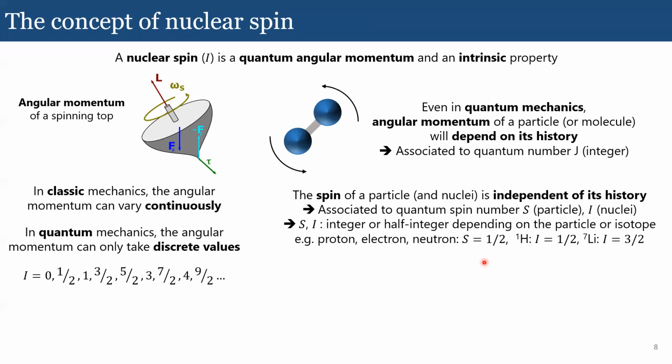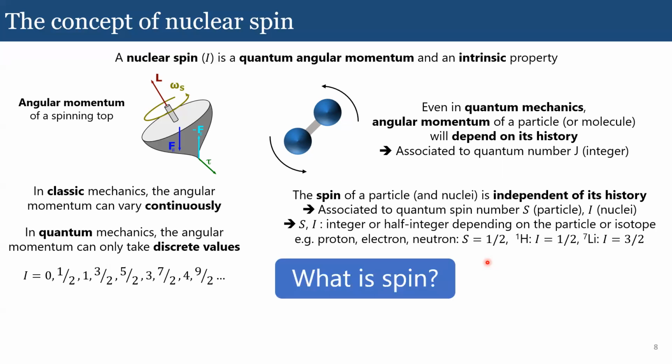In fact, the nuclear spin of a particle is completely independent of its history. This means that the nuclear spin of a proton, which is 1/2, will always be and stay 1/2. And that's why the nuclear spin is an intrinsic property of the nucleus.